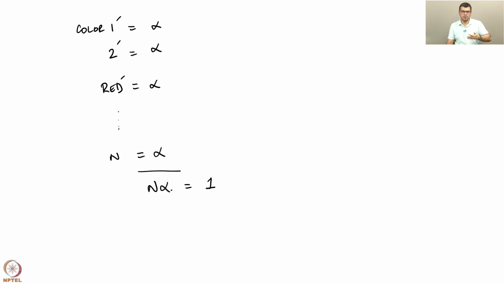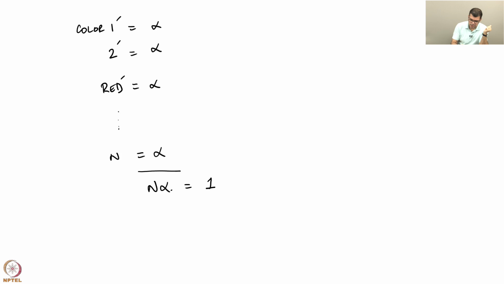The game only stops when one of the colors takes over the entire population. In case it hasn't, at a particular time in the game, if one color hasn't taken over the entire population, that simply means that we haven't given it sufficient time for one color to completely take over the population.